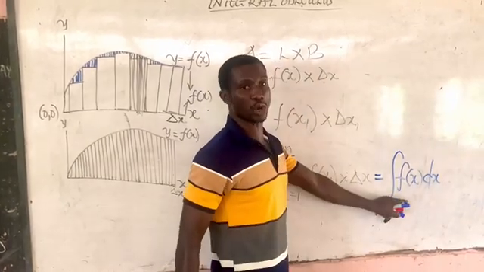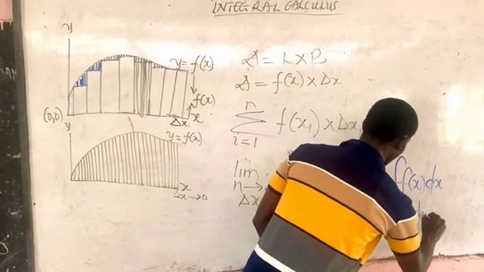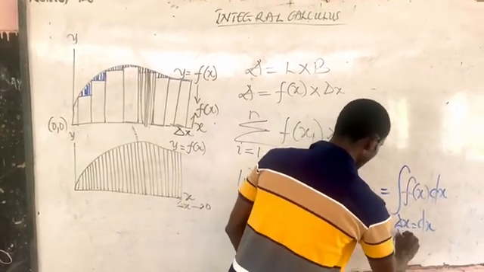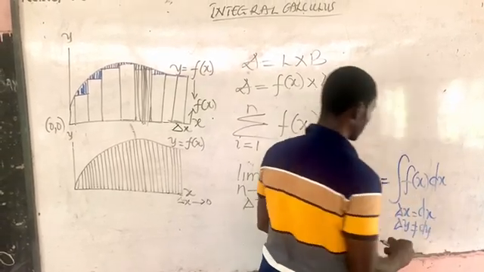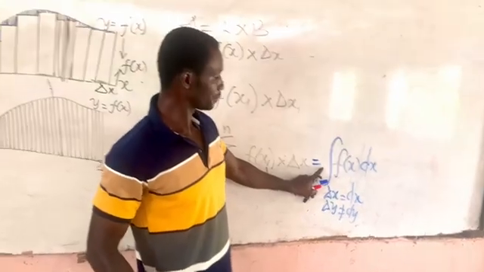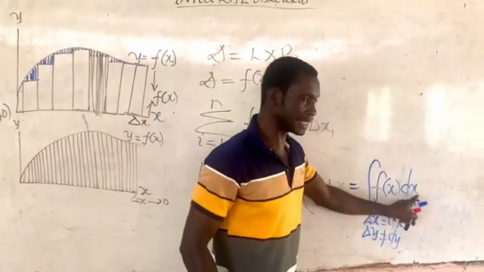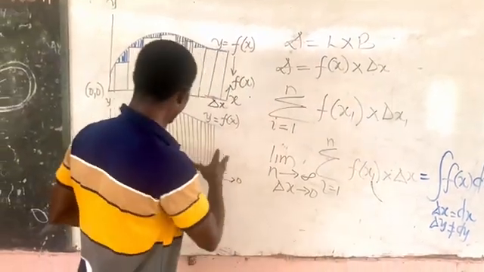In calculus, delta x is equal to dx, but delta y is not equal to dy. So this is what you call integration. Integral of f of x dx. That is what you use to calculate the area under a curve.